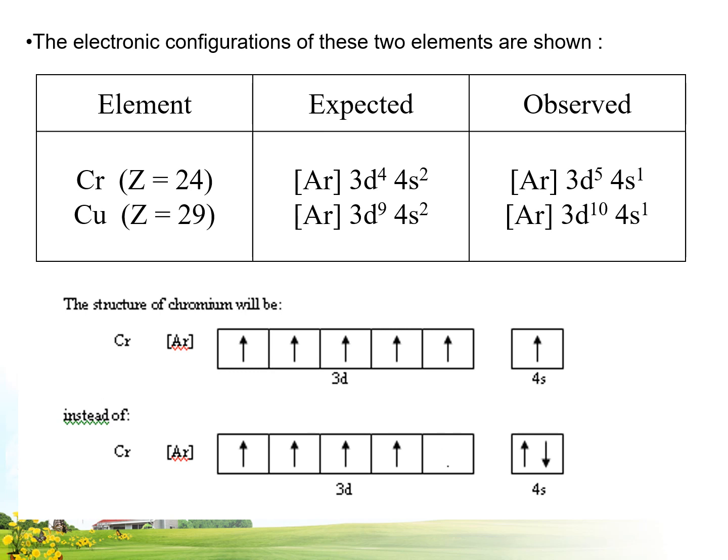So if you can see, the half-filled orbital of chromium and the fully filled orbital of copper are more stable than the partially filled orbitals expected from the Aufbau Principle.